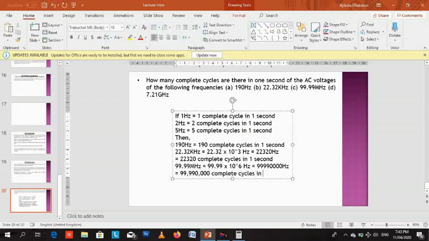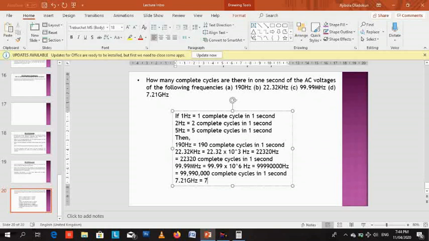There are radio stations that have 99.99 megahertz. So the signal from radio stations can have as much as 99 million complete cycles in 1 second. That is a very high frequency signal, and it's the range of radio frequencies. So voltage signals, or telecom signals, or radio signals from radio stations are around this range.